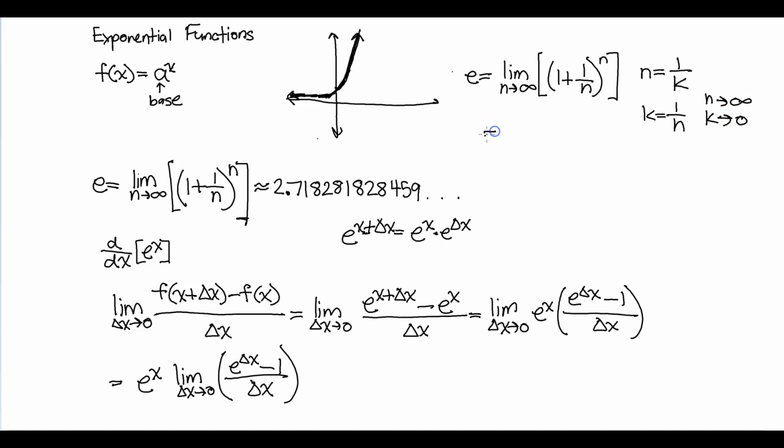So we're rewriting this limit: the limit as k approaches 0 of 1 plus k, to the 1 over k power, is also equal to e.